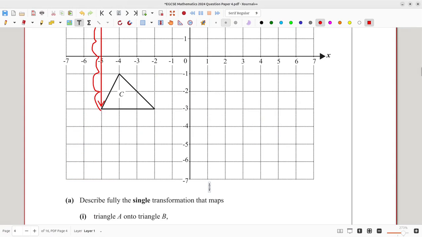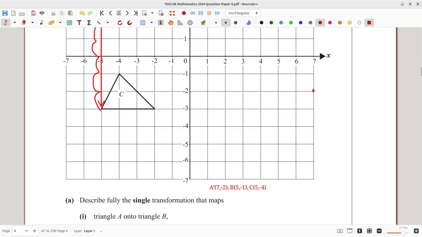So this is our point. The first point we found is (7, negative 2).